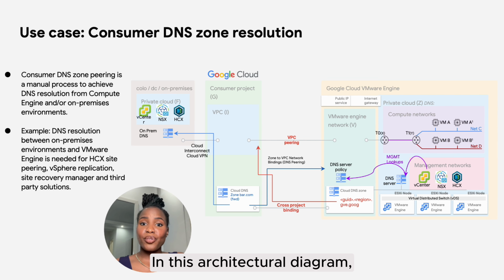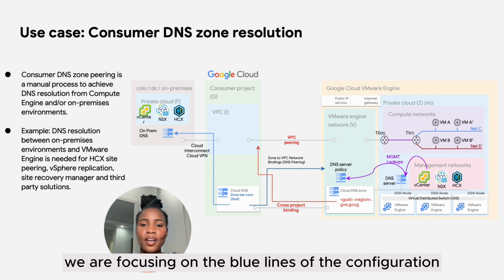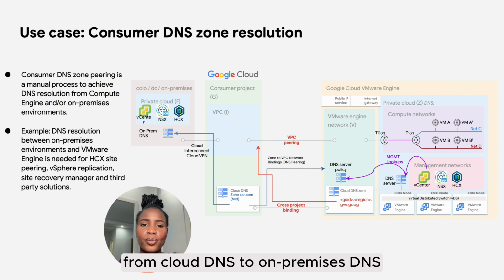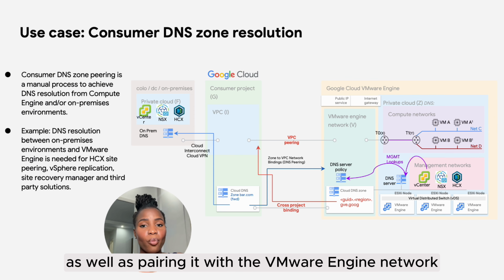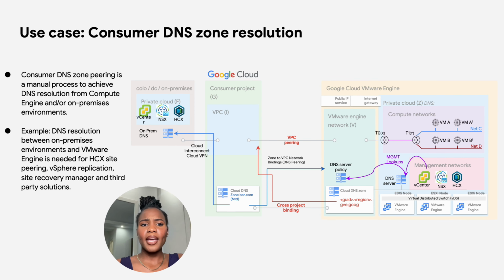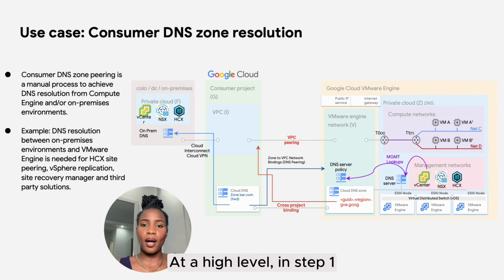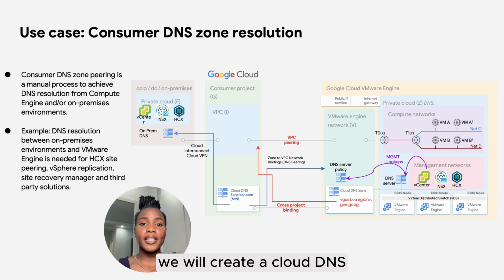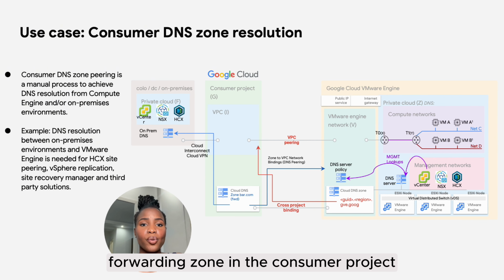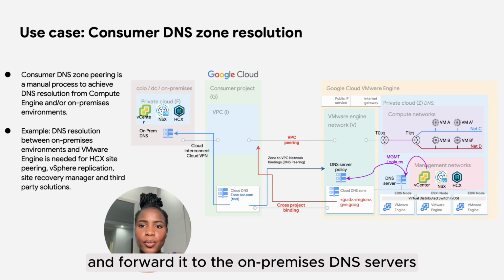In this architectural diagram, we are focusing on the blue lines of the configuration from Cloud DNS to on-premises DNS, as well as pairing it with the VMware Engine network. At a high level, in step 1, we will create a Cloud DNS forwarding zone in the consumer project and forward it to the on-premises DNS servers.